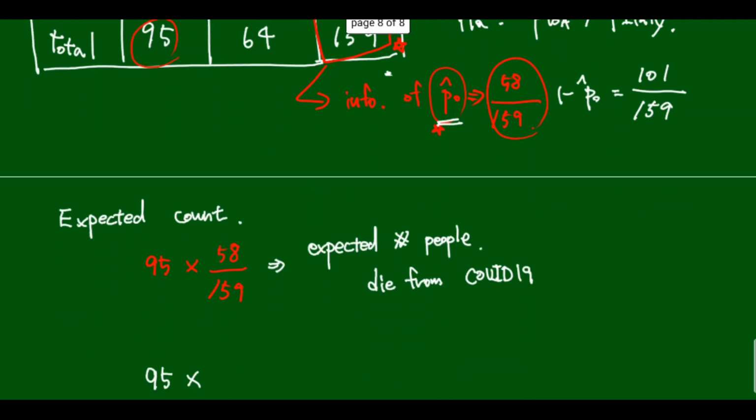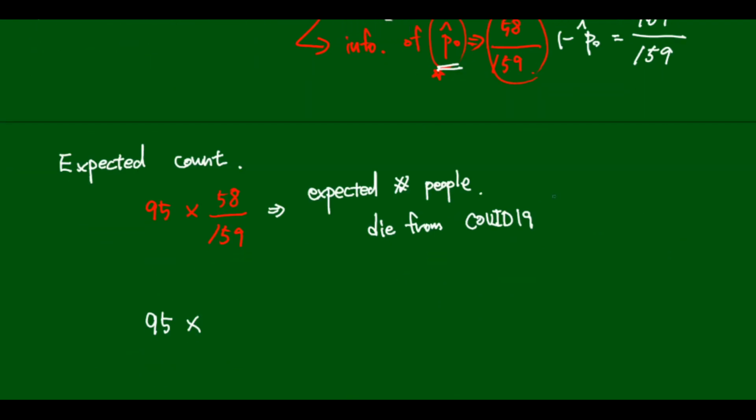Since we have 95,000 people in USA, we are expecting this many people, 95 multiplied by 108 divided by 159, which is 1 minus P naught hat.